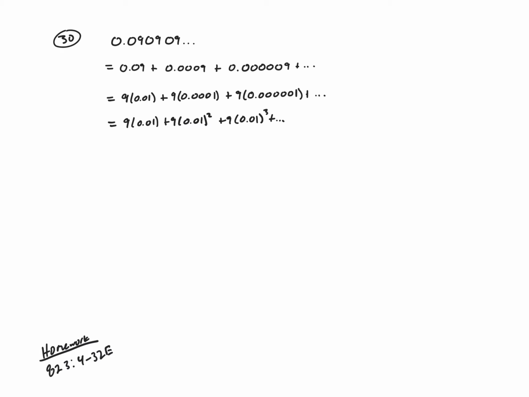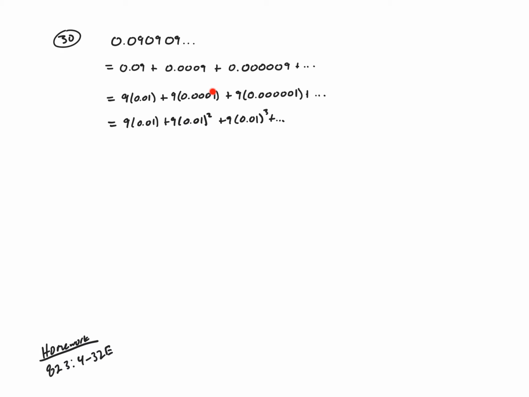This one is the same thing as 9 times 0.0001. This is the same thing as 9 times 0.000001. Just a 1 where the 9 was, and put the 9 out in front, plus etc., etc.